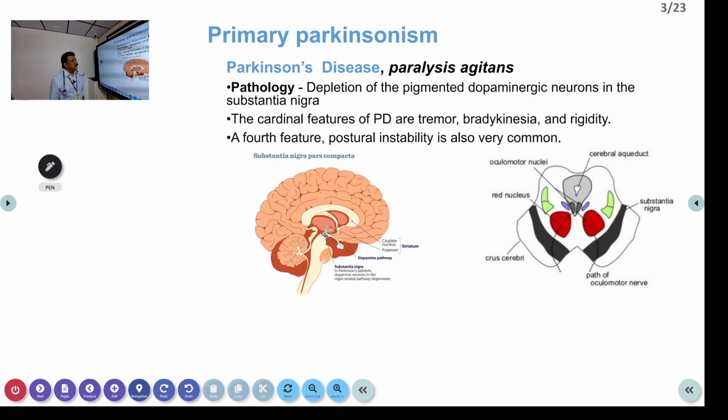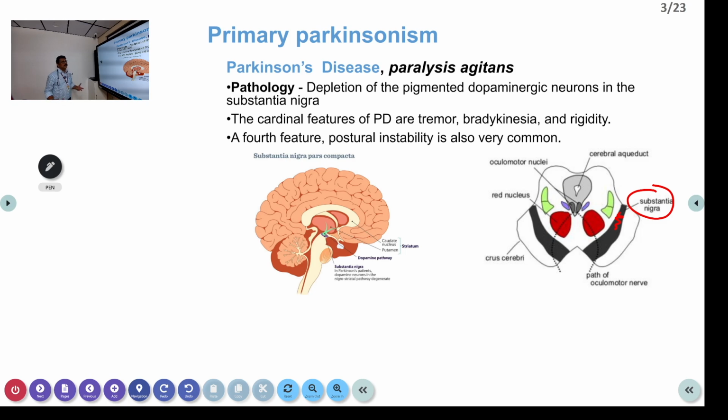Now, Parkinson disease or primary Parkinsonism or paralysis agitans, there will be depletion of pigmented dopaminergic neurons in the substantia nigra. You can see here substantia nigra. So substantia nigra is shown as black in color. In substantia nigra, you get dopaminergic neurons.